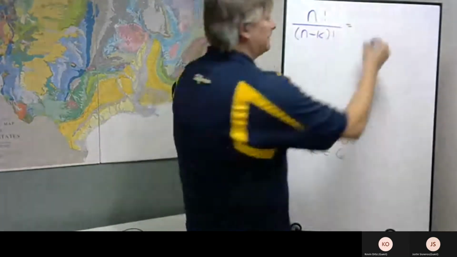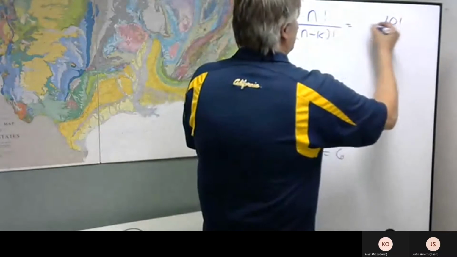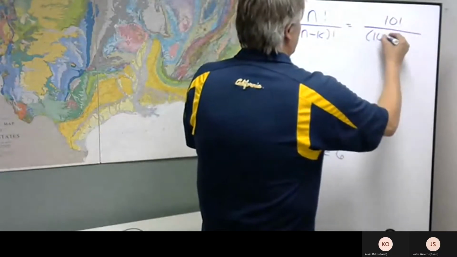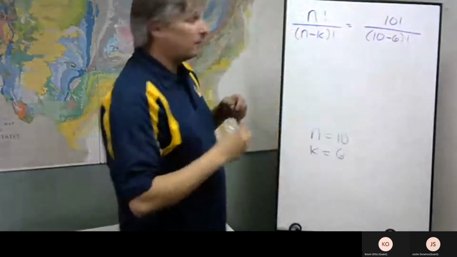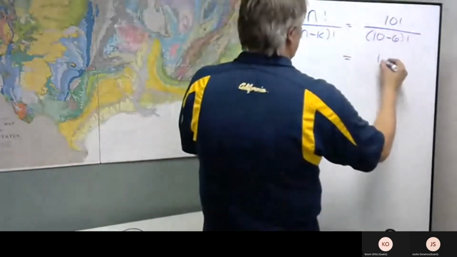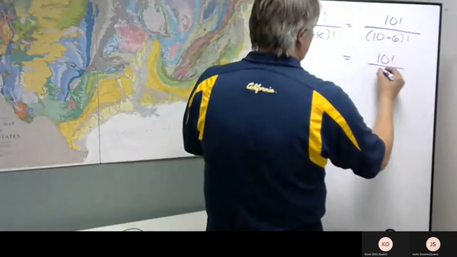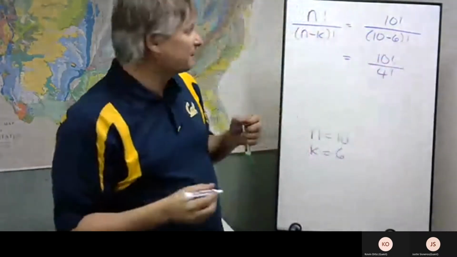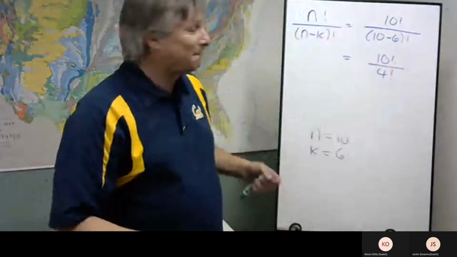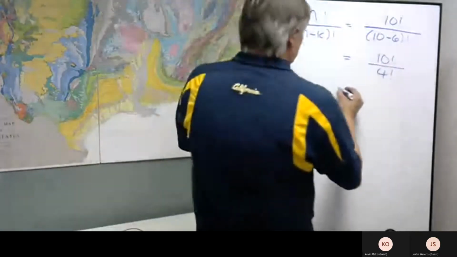using our formula, we have 10 factorial over 10 minus 6 factorial, or 10 factorial over 4 factorial, because 10 minus 6 is 4. And we can drop the parentheses then.